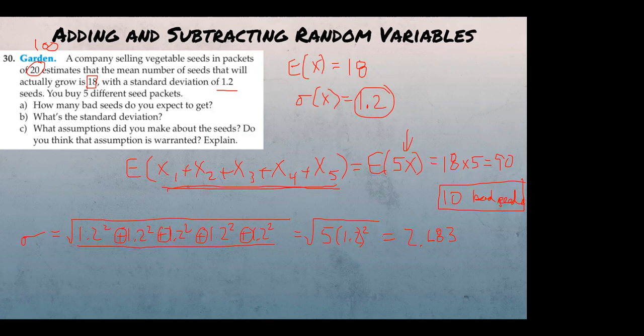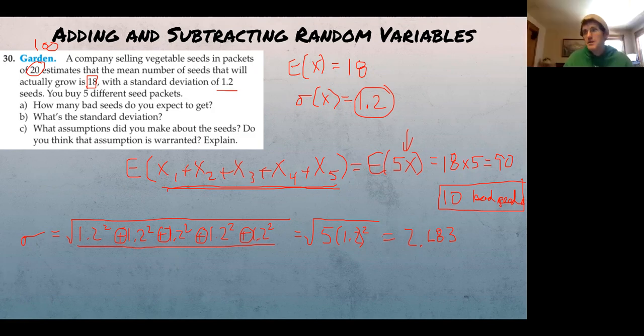Yeah, I think so. Okay. It kind of depends on if you got 5 different types of seeds, each that had 20 and each had the same statistics on them, then that might be a fair assumption. If you got 5 packs of the same type of seed, maybe there's a possibility they were all packaged at the same time, and maybe it was just a bad batch.